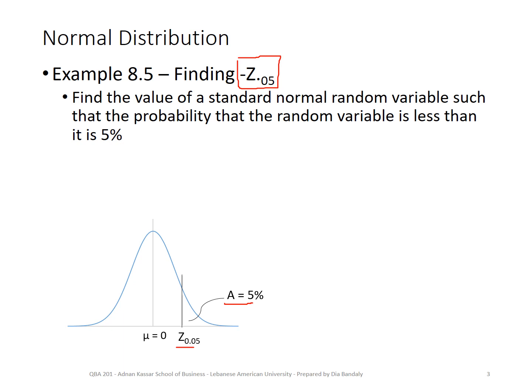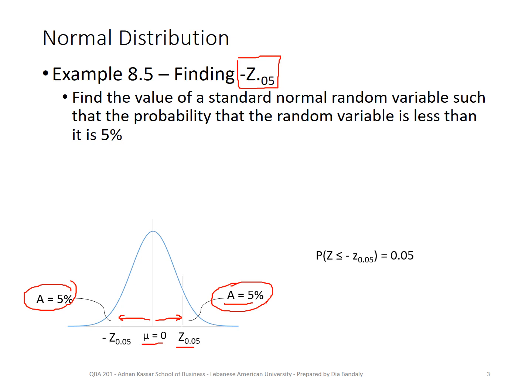The curve is symmetrical with respect to the mean, which is 0. So if this is the distance between the mean and this value, if I go the same distance on the other side, I will read a value equal to minus Z 0.05, and I know that this area will be equal to that area because of the symmetry. And now it's easy, right? Because this area is P of Z less or equal than minus Z 0.05.